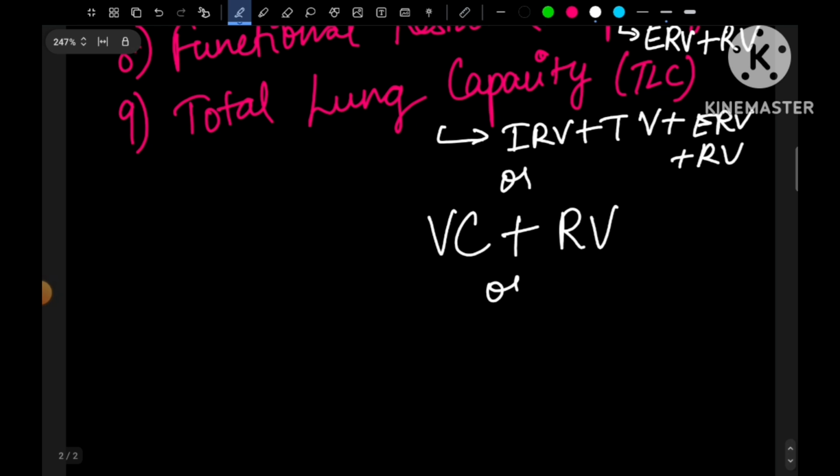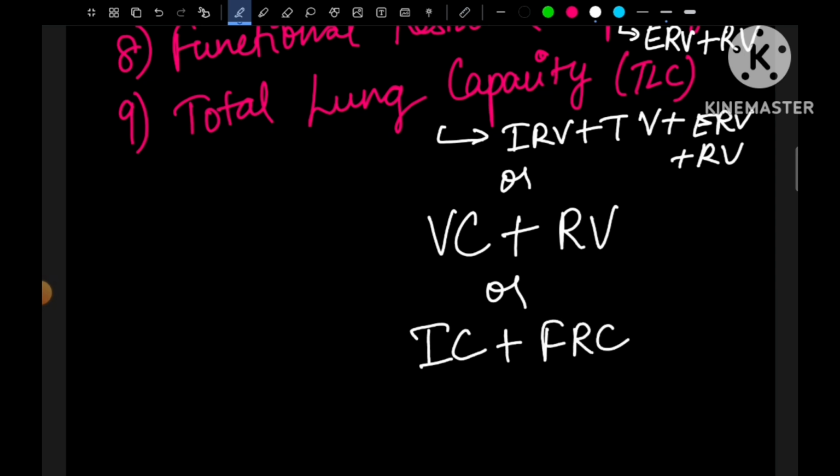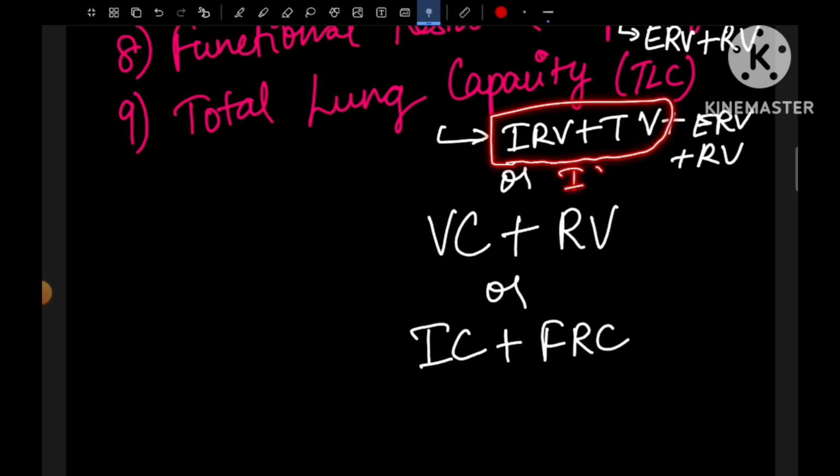Or there is another formula. What is that? IC plus FRC. What is IC? You can see here, this is IC, right? And this is FRC, ERV plus RV.